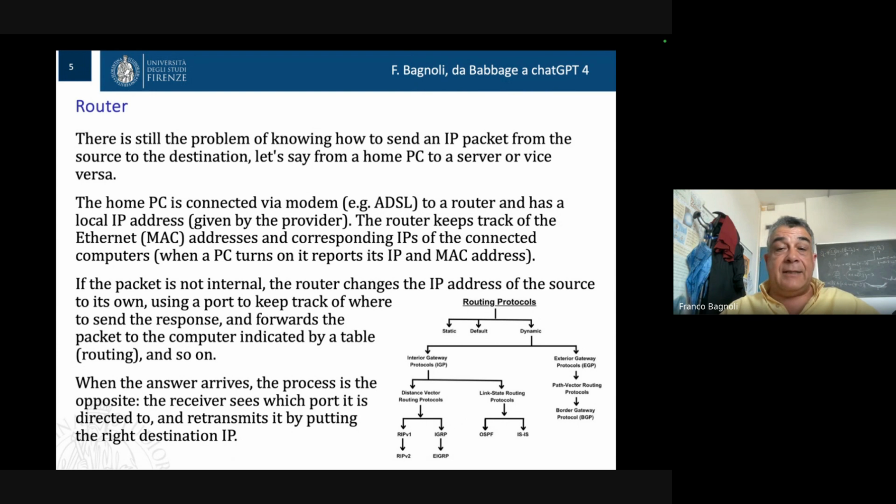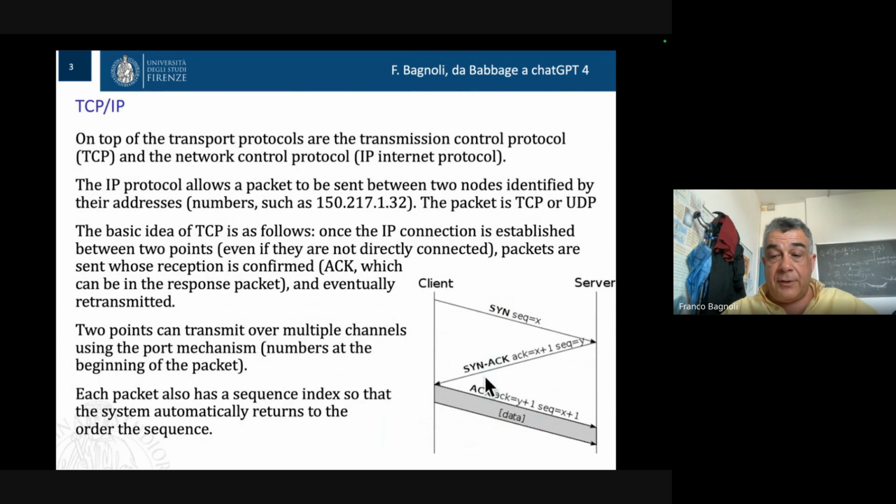The fact is that each time you establish a connection, you also assign a number, which is called a port, to this connection.